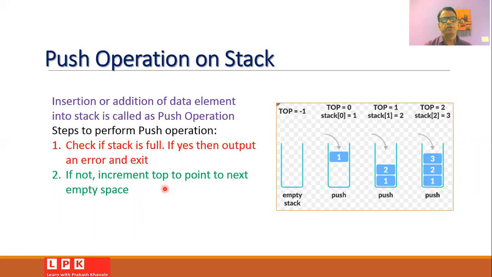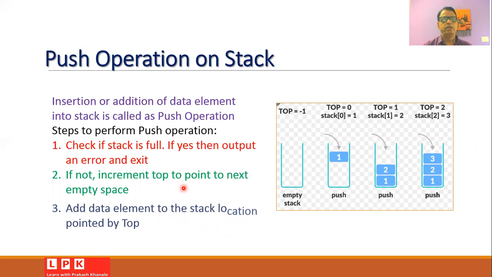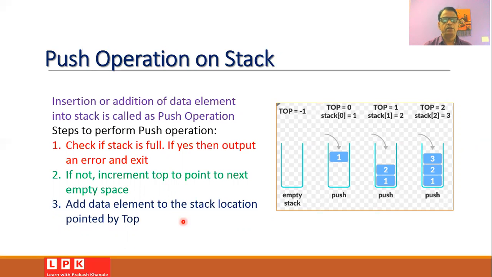In such a case, you can increment the top to point to the next empty space. And then you can add the data element to the stack location that is being pointed to by the top pointer or stack pointer. And ultimately, we will return success.